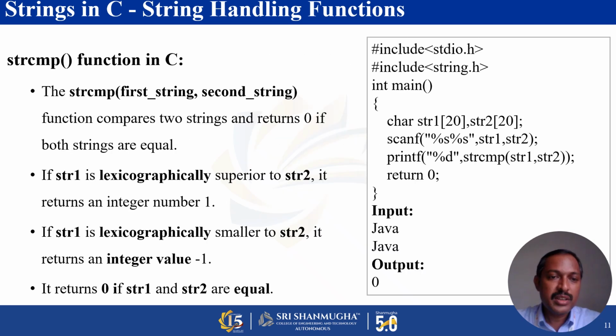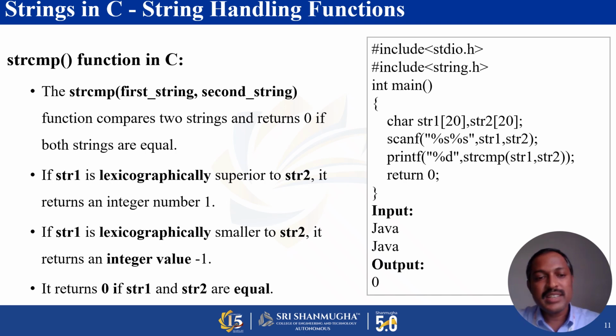Next, the strcmp function, which helps us compare two strings, whether the two strings have the same letters or not. Here there are two strings, the first string and the second string. If both strings have the same length, same characters, and the same case also, then the strcmp function will return 0. Suppose string 1 is lexicographically greater than str2, it returns the integer 1.